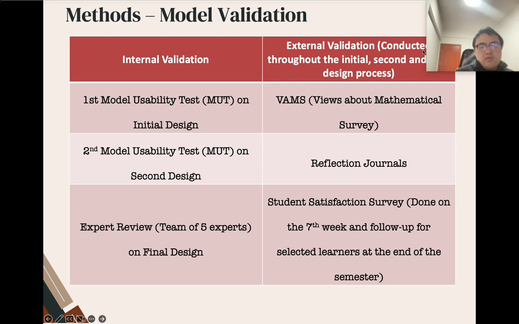Now, the external validation consists of three factors. The first one would be a survey on mathematics, VAMS, reflection journals, and a student satisfaction survey done on the 7th week, and the follow-up interview for selected learners done on the 15th week.